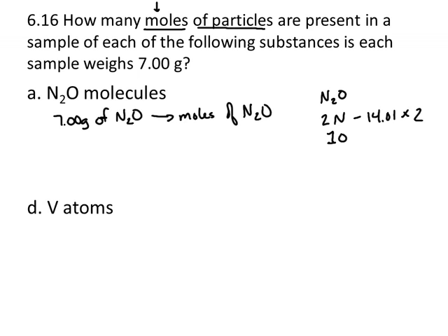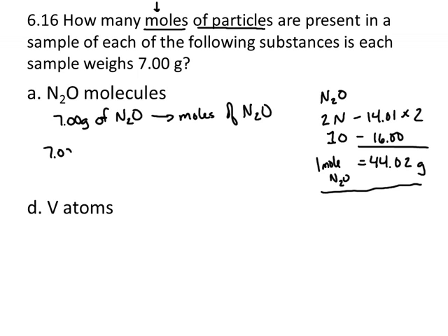I'm going to multiply that by 2 because I have 2 of them. And the molar mass of oxygen is 16.00. And then I will add those 2 together to figure out my molar mass of N2O, which is 44.02 grams per 1 mole of N2O. Okay, so there's my molar mass conversion that I want to use to convert grams to moles.